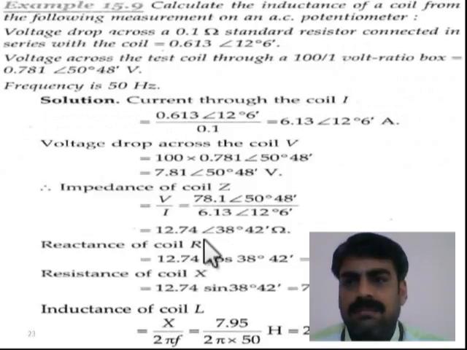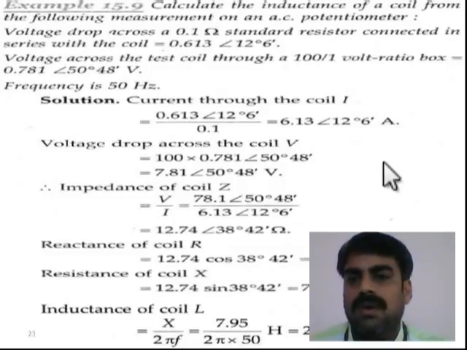And there is one solved example to understand how exactly we can measure the inductance of the coil. There are two potential values given with respect to the standard resistor, and with respect to the coil there are two voltages. With respect to the coil, this is the potential given, and with respect to the test coil there is another potential. Now we are supposed to calculate the I value.